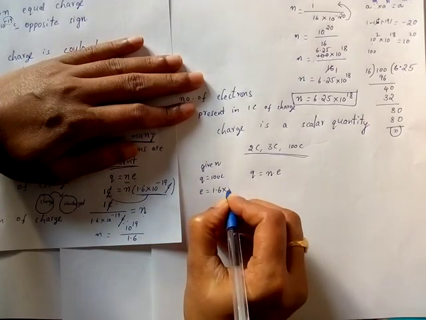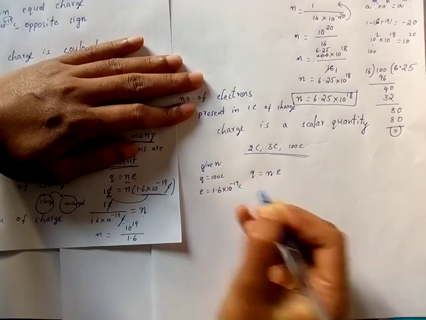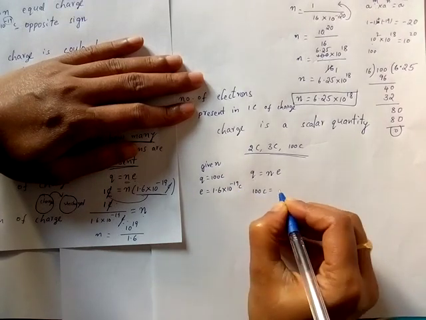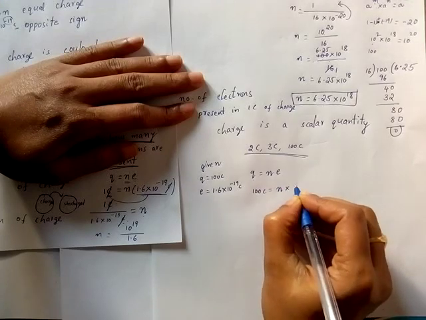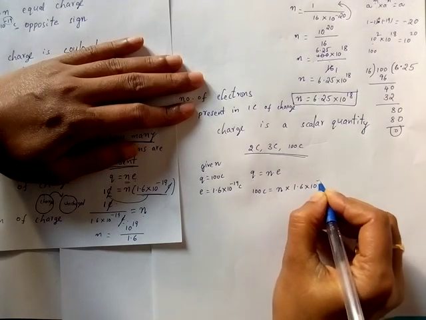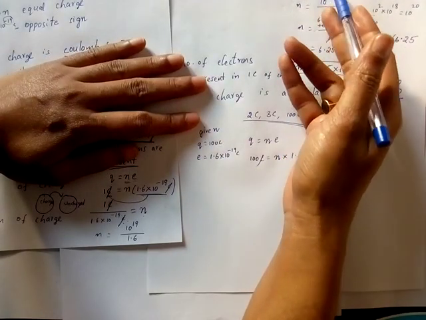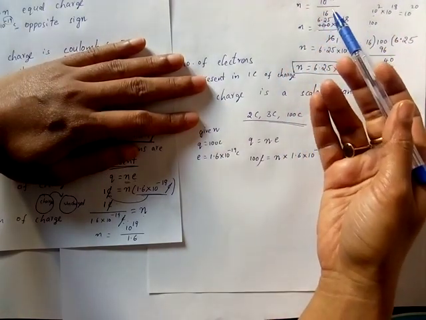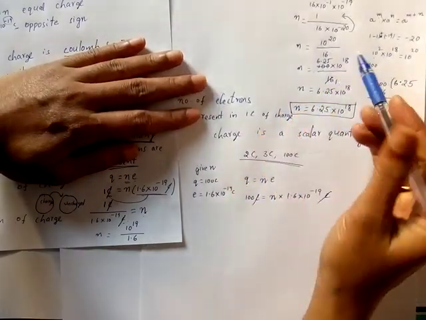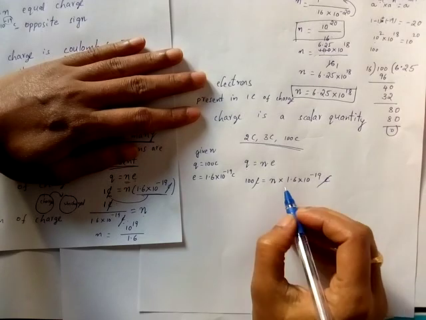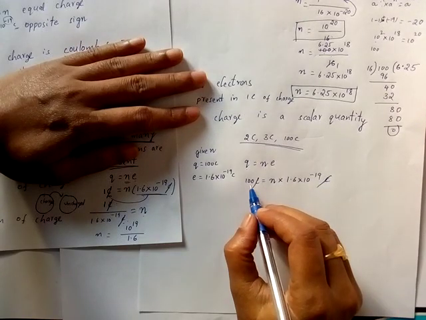So 1.6 into 10 to the power of minus 19 coulomb. I am just substituting 100 coulomb is equal to N into e is equal to 1.6 into 10 to the power of minus 19 coulomb. Coulomb gets cancelled. So in this we have already got this point, 10 to the power of 20 for 1 coulomb. Yes or no?